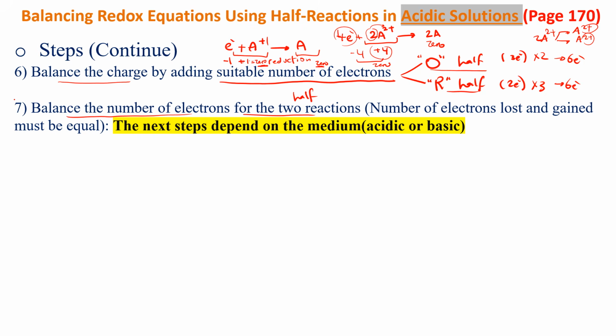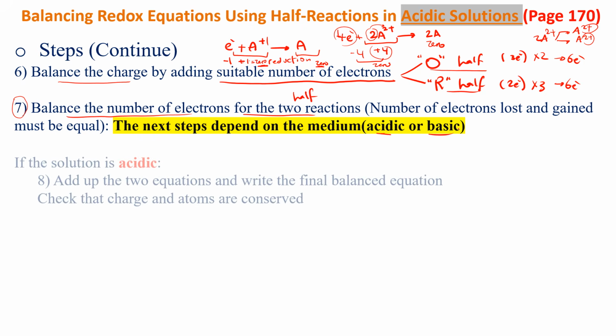Now, from step 1 to step 7, it doesn't matter if you are in an acidic solution or a basic solution. Okay? How do we know if it's an acidic or basic solution? The question tells you that your medium is acidic or basic, so you will know which steps to use. Now after you finish step 7, the next steps will depend on the medium. Is it acidic or basic?